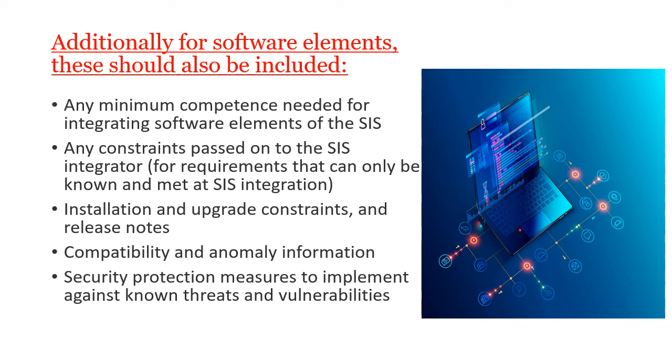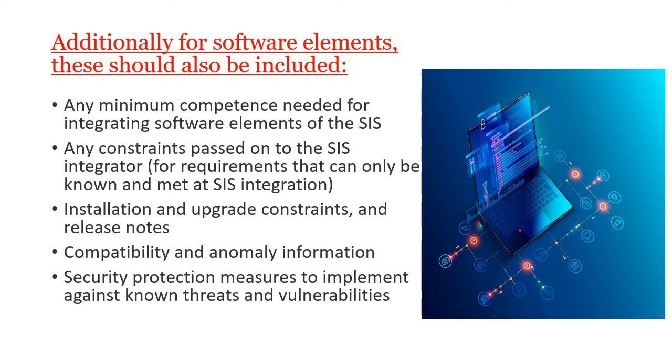The first point that needs to be included in the safety manual is any minimum competence required for integrating the software elements of the SIS, or any constraint there is in integrating that particular system with other systems.